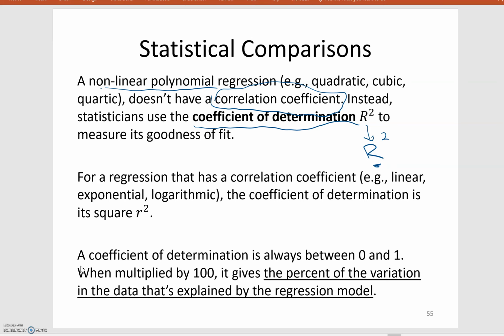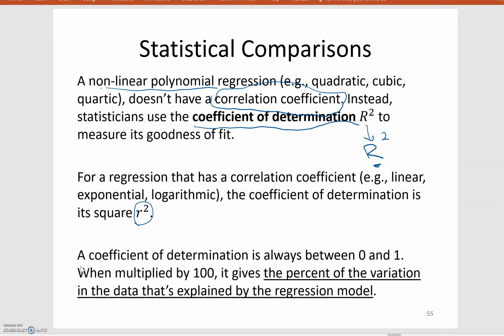So if you have a regression that does have a correlation coefficient, for example, linear, exponential, logarithmic, any of the ones that we've done up to this point, then to get its coefficient of determination, we simply square the correlation coefficient. So it's a little bit confusing, but for anything that has a correlation coefficient, we get the coefficient of determination by squaring it.